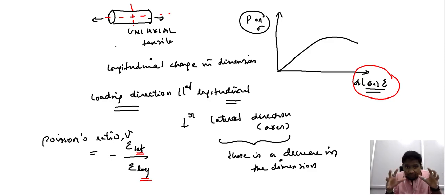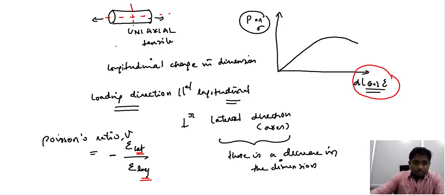The response is not associated with the lateral dimension alone, it is also associated with the longitudinal dimension. It combines both the expected change in the dimension along the loading direction and also in the direction perpendicular to it.